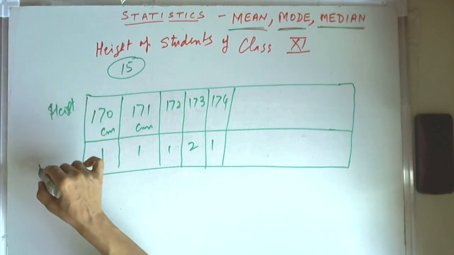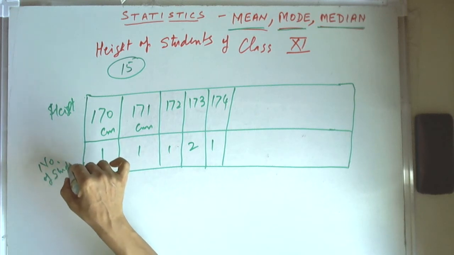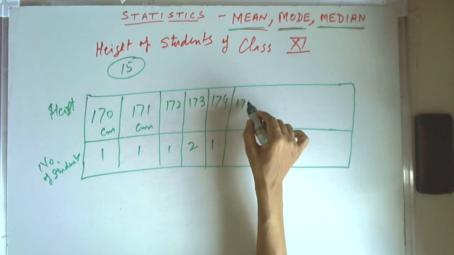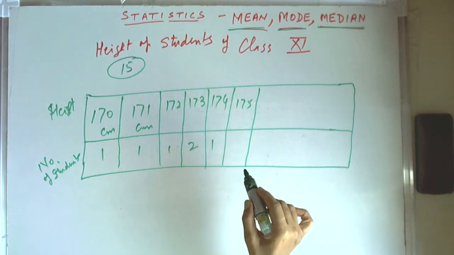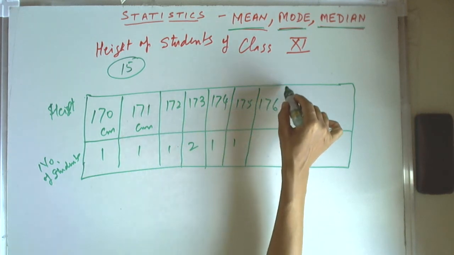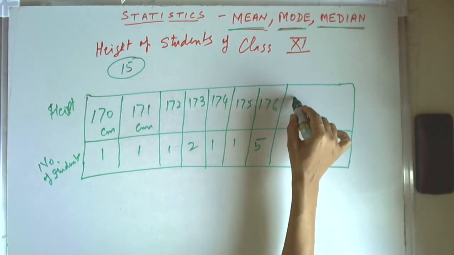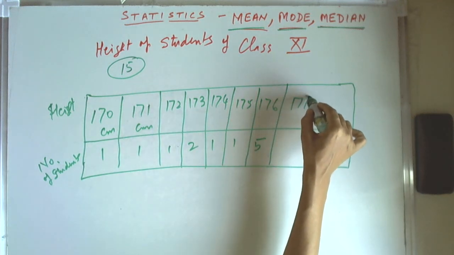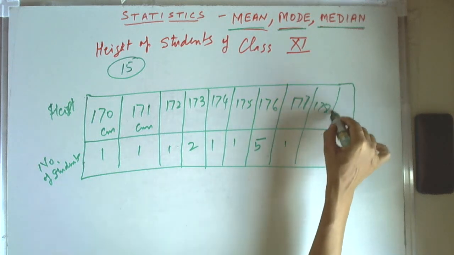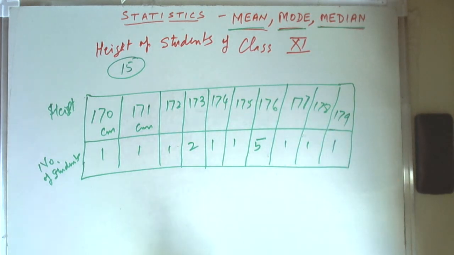and this is number of students. 175, 1. 176, there are 5. 177, 1. 178, 1, and 179, 1.